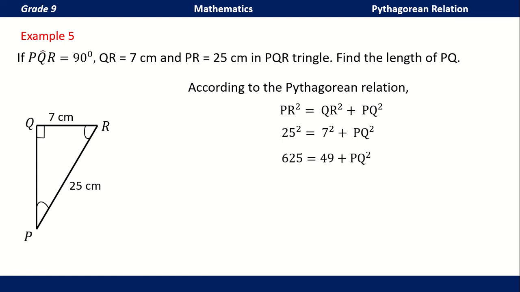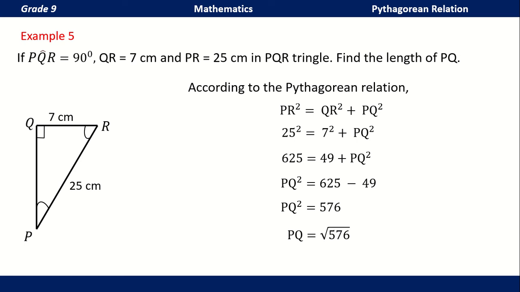By finding the squares of these two numbers, you can write 625 equals 49 plus PQ squared, since the square of 25 is 625 and the square of 7 is 49. By moving 49 to the other side, PQ squared equals 625 minus 49. Same as previous, you simplify the numbers and get PQ squared equals 576.